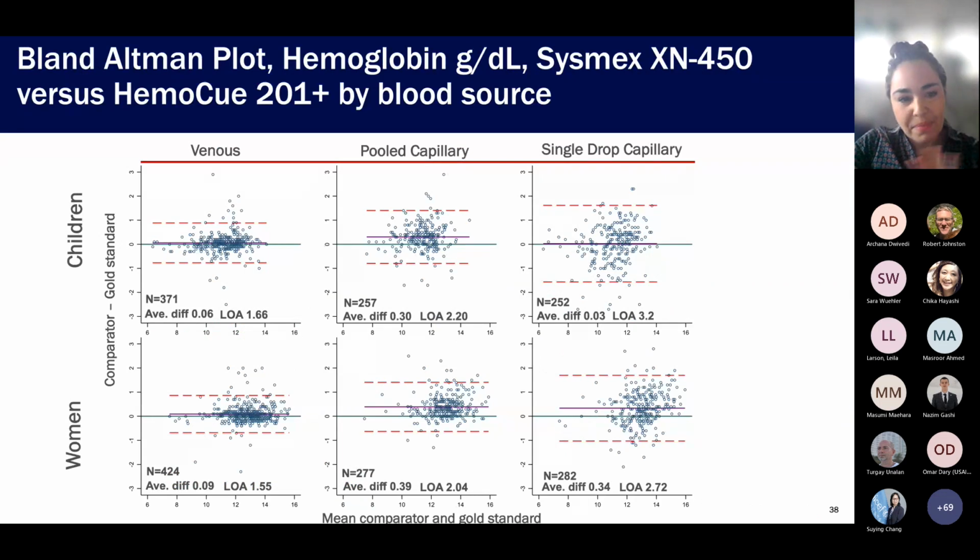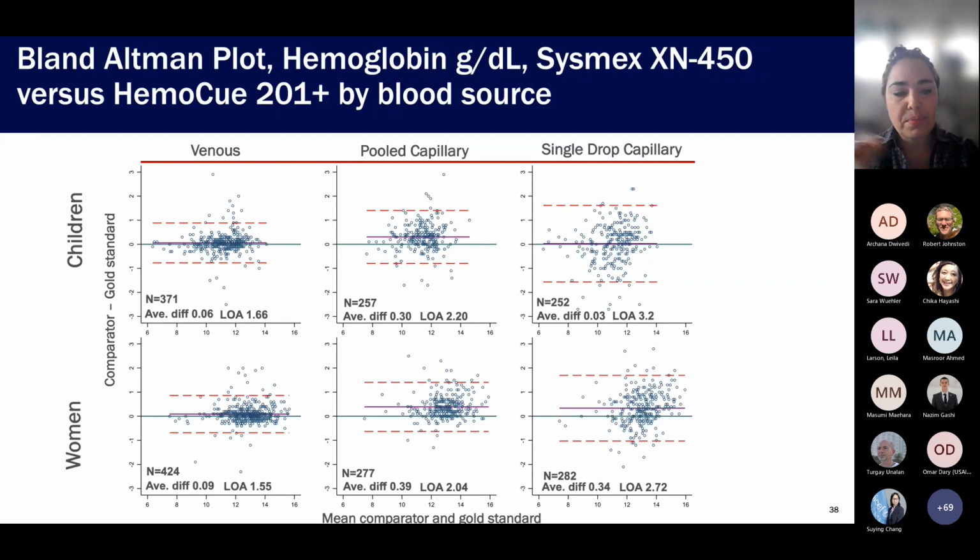Okay, I'm going to dive into the results, and there's a lot going on in this slide, so I'm just going to walk you through what you're seeing. I am presenting results with the controlled and the field setting combined because our findings were similar across these 2 settings. Shown here are Bland-Altman plots, which helps us understand if there's bias between 2 measures of the same thing and whether that bias is dependent on the concentration.